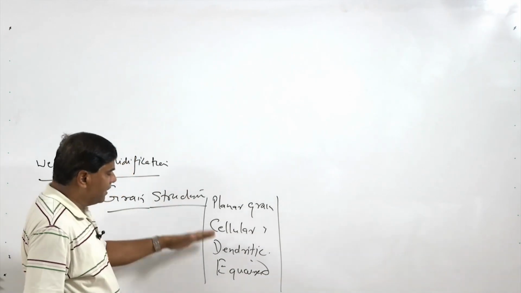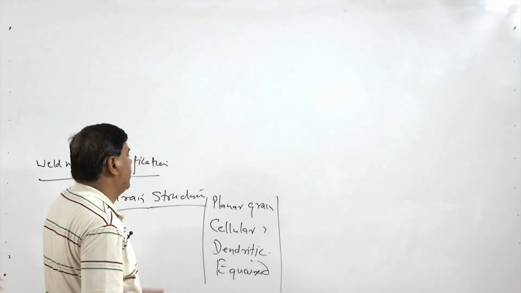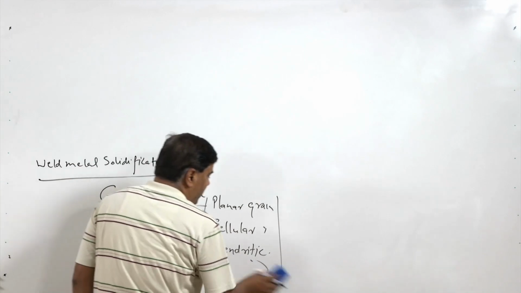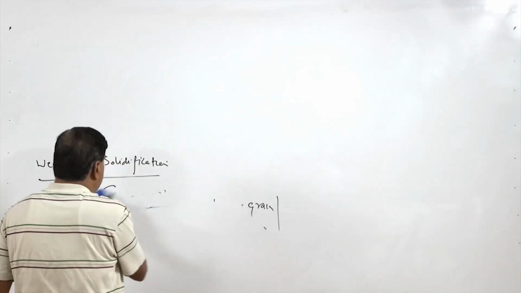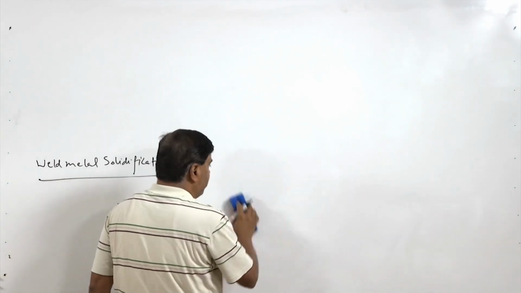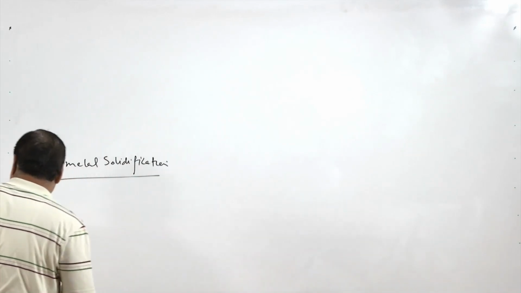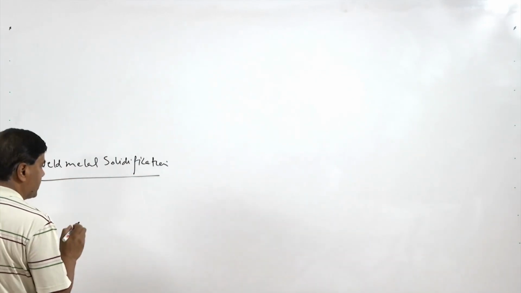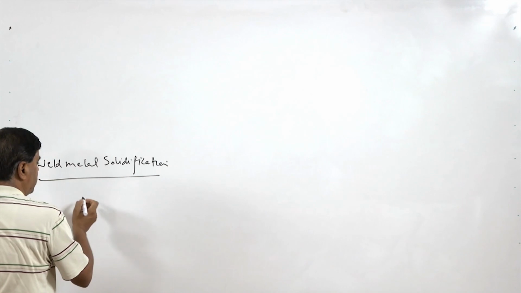But what are the conditions which will lead to the different types of grain structures in the weld metal, and what are the factors that govern the formation of the different types of grain structures. So, there are basically two factors.